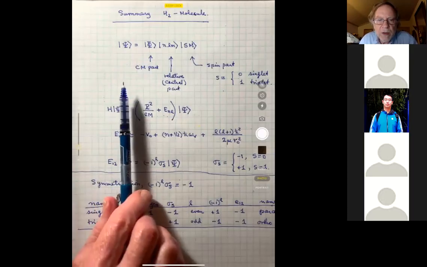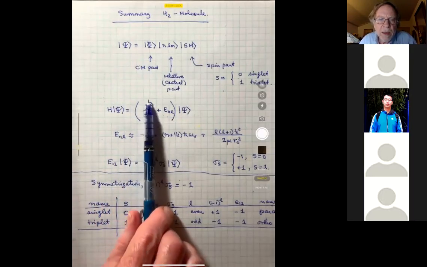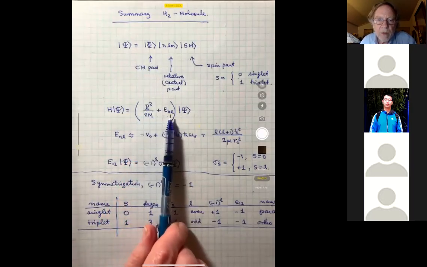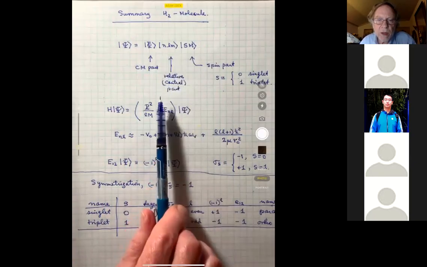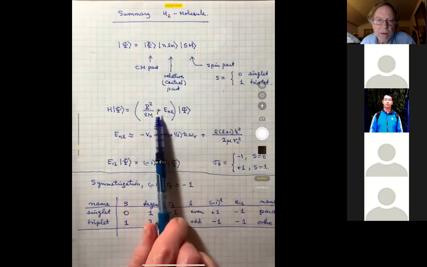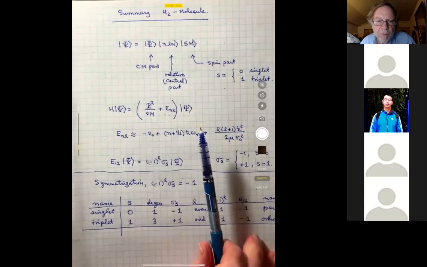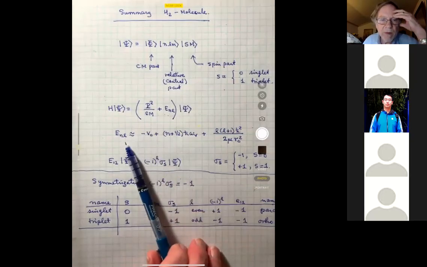As far as the energy is concerned, the energy consists of two parts. There's the kinetic energy of the center of mass, that's from the phi part. And then there's the E_nL, which is the energy of the relative motion. It's the central force energy. The spin doesn't contribute to the energy, so it doesn't appear here. In fact, there's a rough but reasonably good idea of the energy eigenvalues E sub nL.